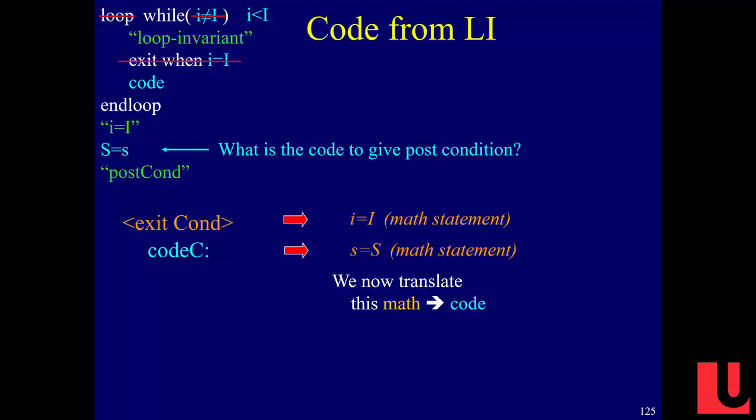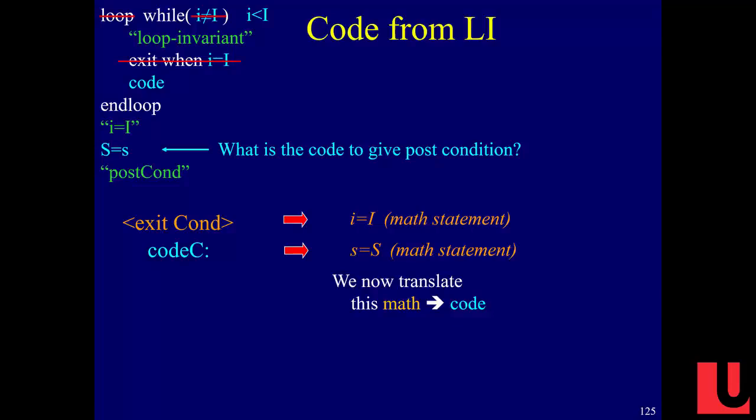This is code, I'm putting code in blue. This is a math statement. Just like we were doing the difference between math and code before. There, I was focusing on what math I need, and it doesn't matter which order you put it in. Here I'm saying I need to get the code which is going to make the math work.